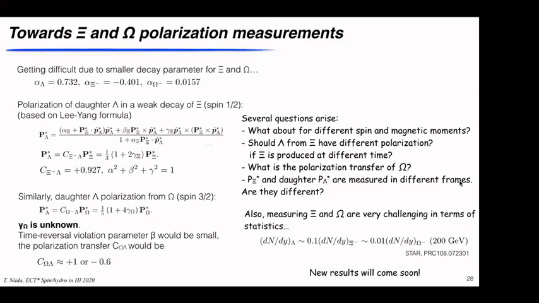The star coefficient implies that these vectors are measured in the respective rest frames. So they are measured in different frames.